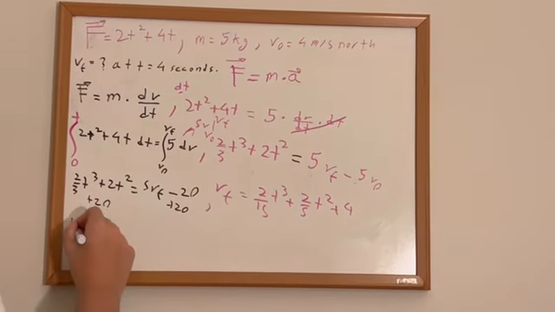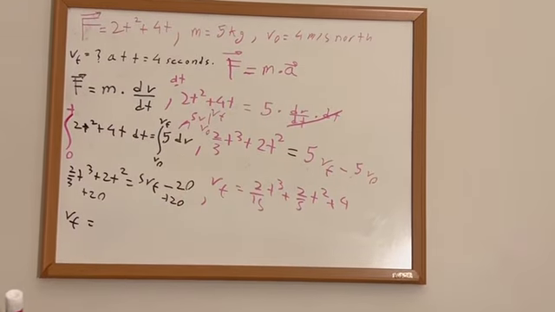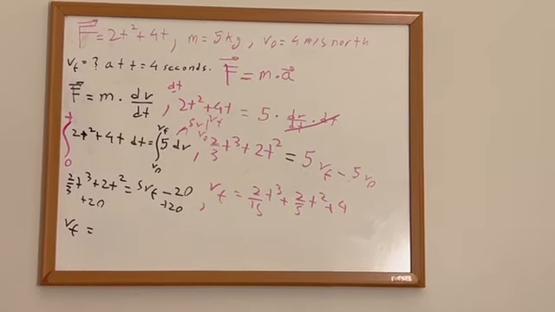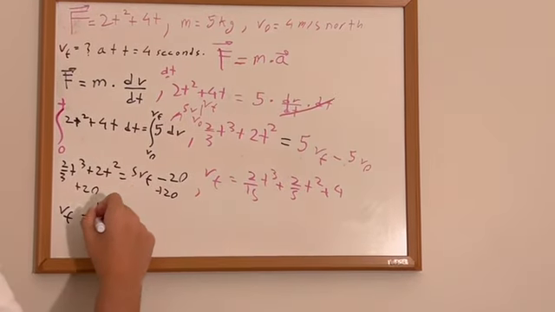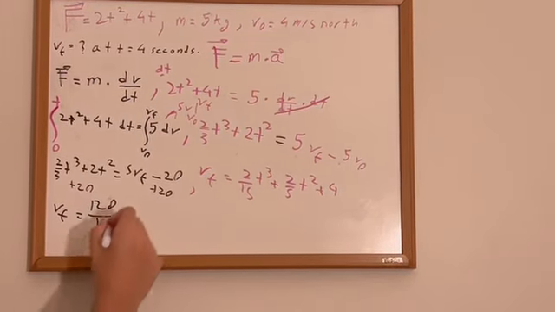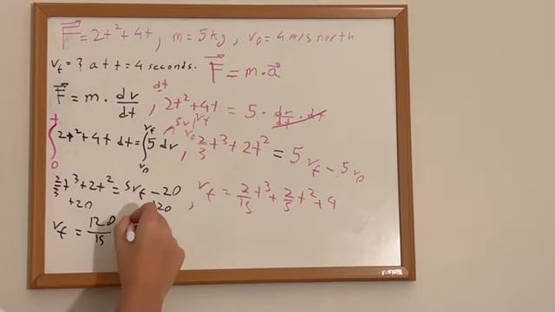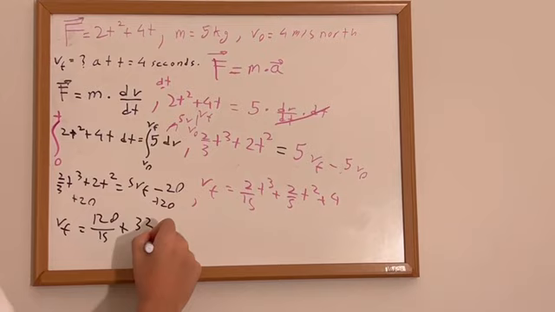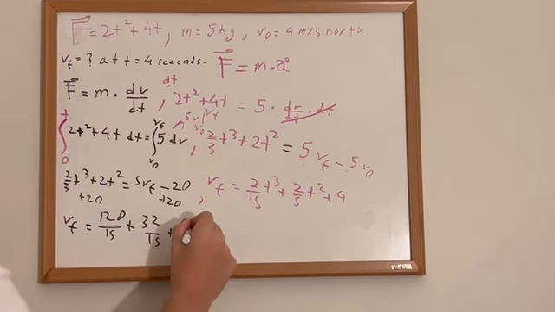So the final velocity is 2/15 times 4 to the third power. 4 to the third power is 64, so we get 128/15. Then plus 2/5 times 4 squared, which is 16, giving 32/15. And then plus 4, which I'm going to write as 60/15.